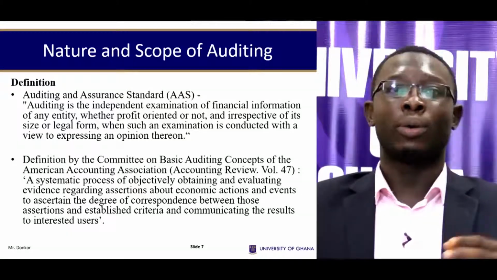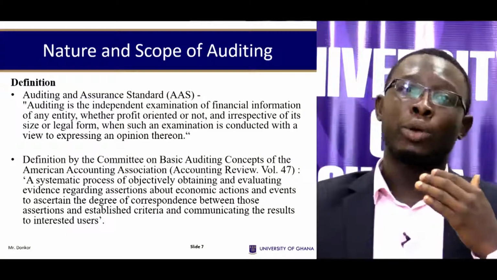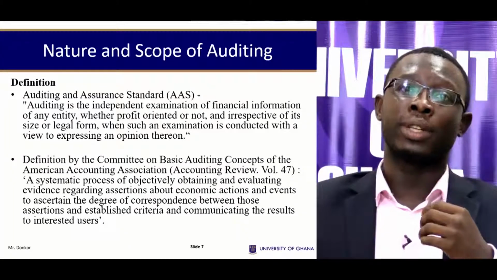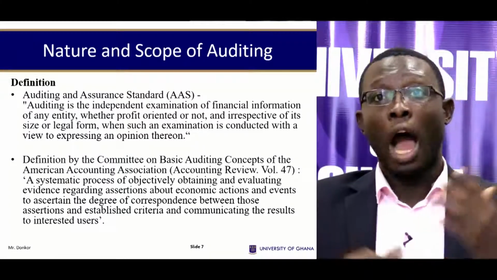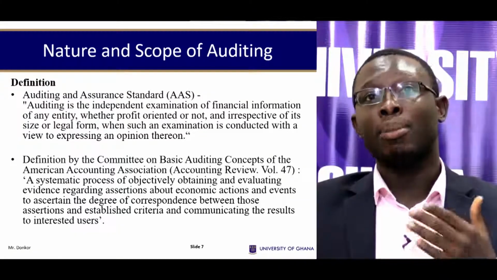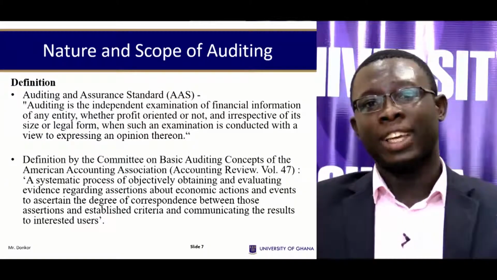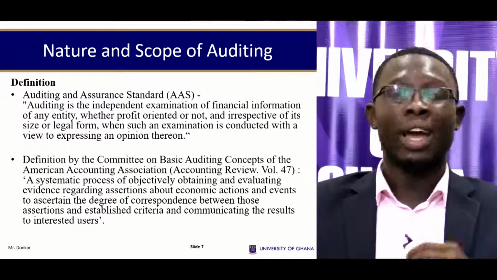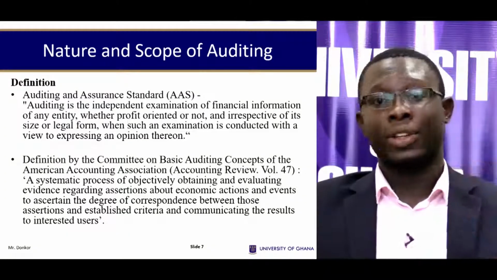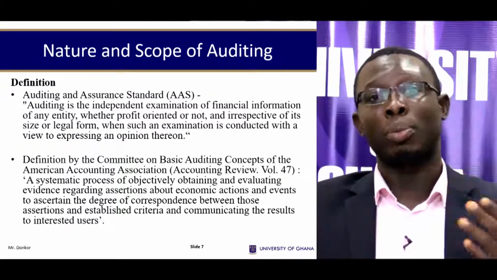Auditing can only be done when there is a standard, a criteria, and the report, that is a financial statement that managers have issued, making certain assertions about the entity they manage. So it is the work of the auditor to gather evidence around these assertions and compare it to a set criteria, for example, IFRS as a standard for how financial statements are supposed to be prepared.